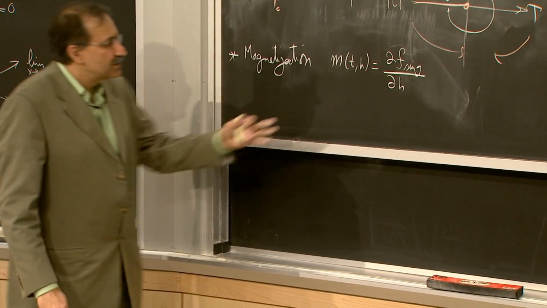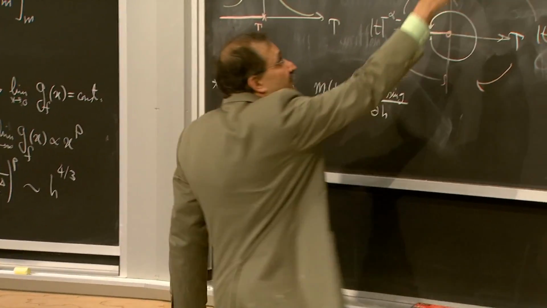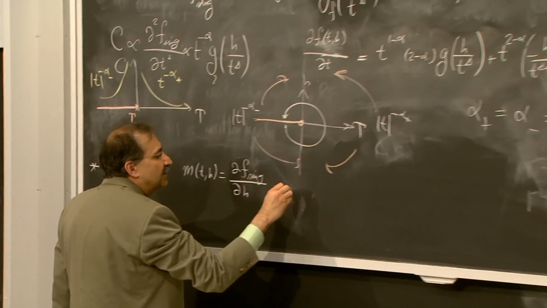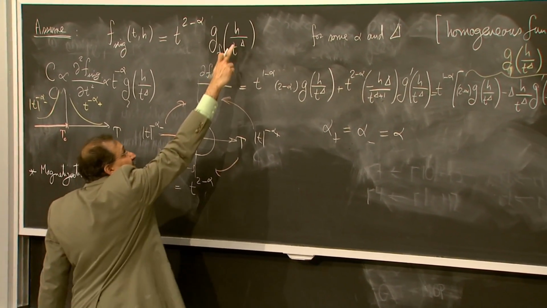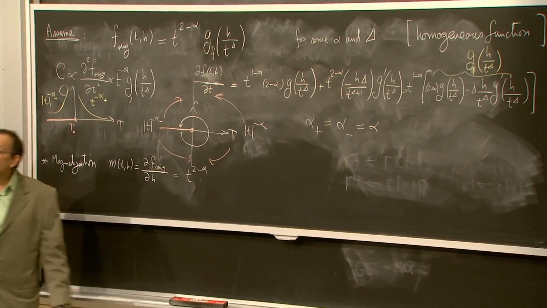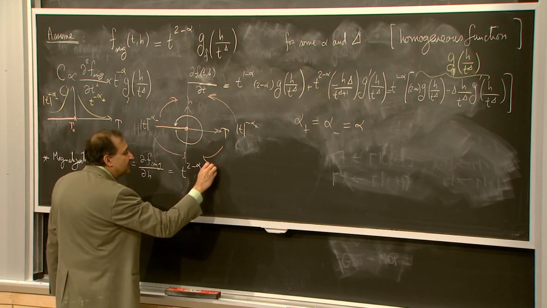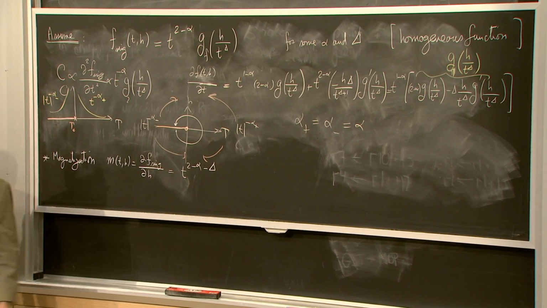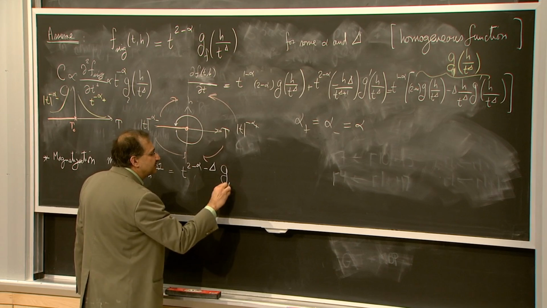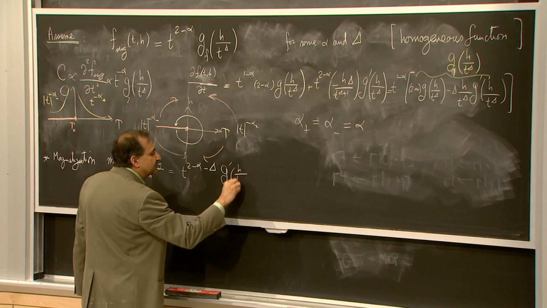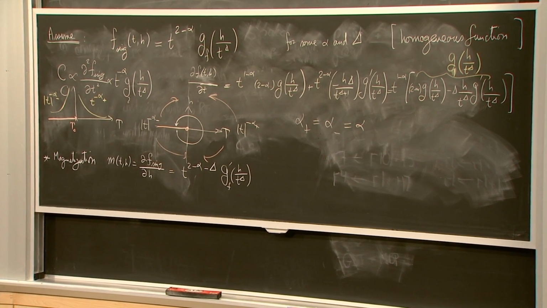The singular part will come from this. Taking a derivative of this function, I will get t to the 2 minus alpha. The derivative with respect to h, but h comes in the combination h over t to the delta, will bring down a factor of minus delta up front. Then the derivative function, let's call it g of, for example, h over t to the delta. Okay.